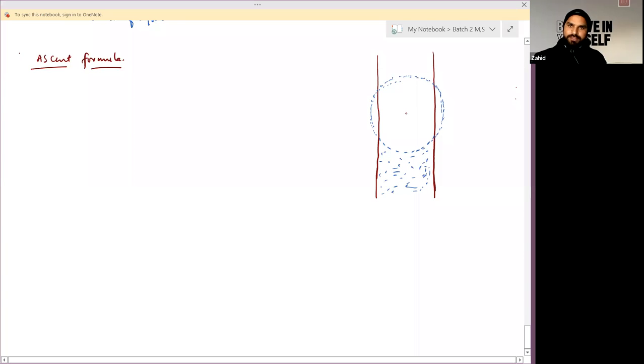Let's say the radius of this assumed spherical diagram is R. There is an interface between this liquid and this air, so we can draw a surface tension tangential to it. The angle of contact at this point will be theta.